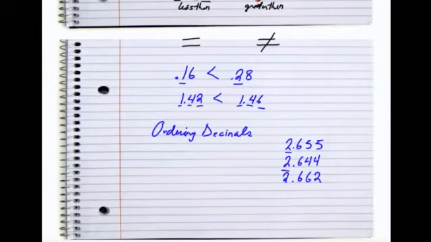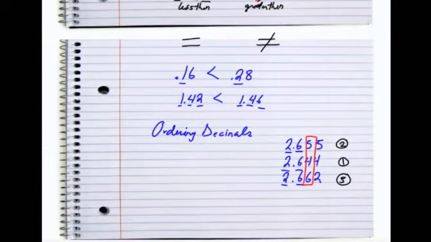My first digits are all equal, as are my second digits. So the third set of digits is what I'm going to look at in order to order my decimal values. This is going to be the smallest, this is the second least, and this is the largest value.